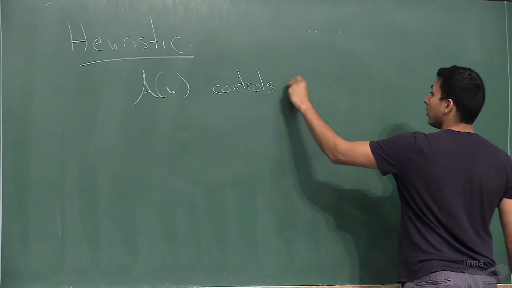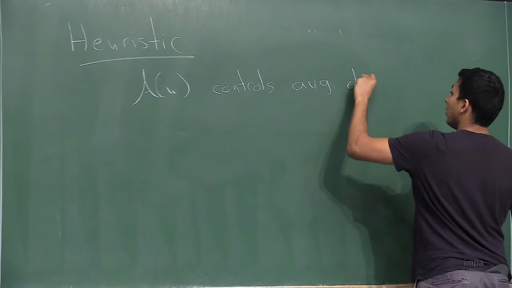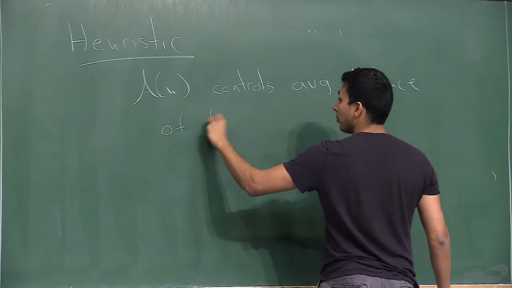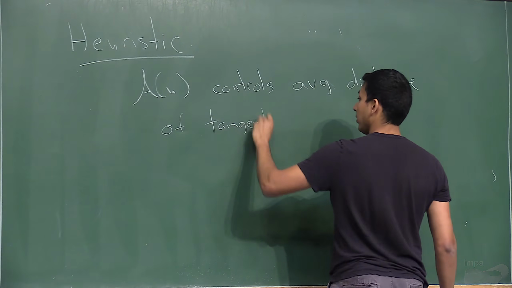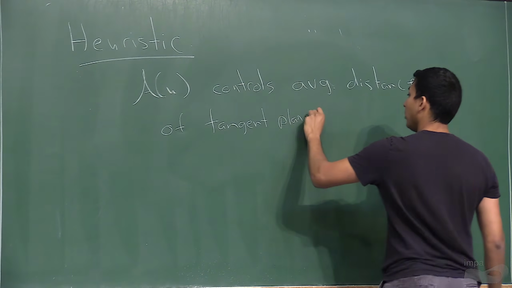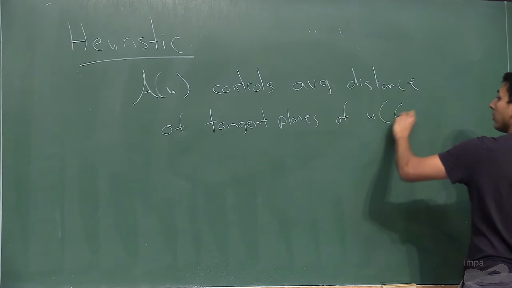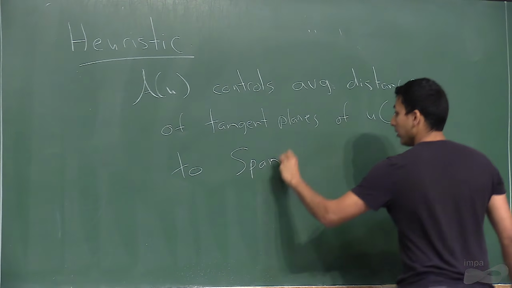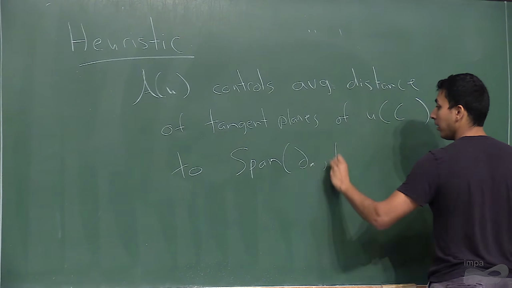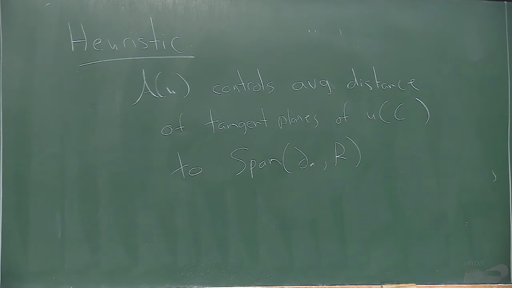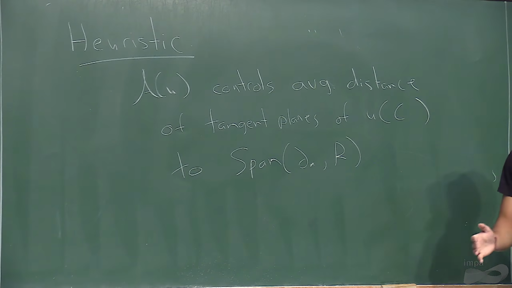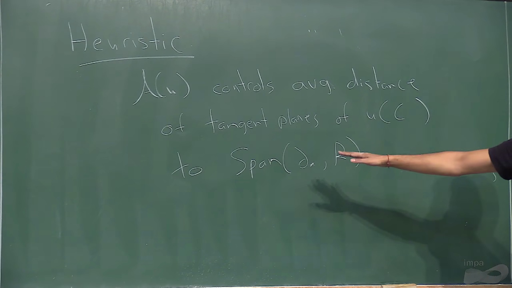So it controls the average distance of the tangent planes of u(C) to the vertical distribution. So this is the subbundle spanned by d/da and the Reeb vector field. So in particular, you can show that if you have a curve of zero action, then it's actually contained inside a cylinder over a trajectory of the Reeb vector field.